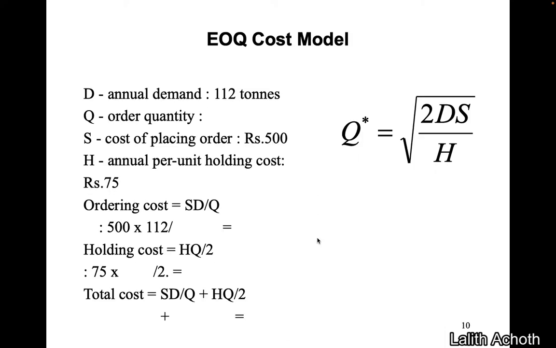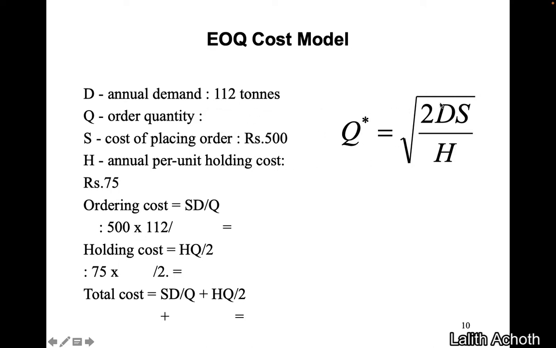Right? So here let us see. Now I'm going to put numbers. The annual demand is 112 tons. The ordering cost S is 500 rupees per order. And the holding cost is 75 rupees per ton. And the Q has to be calculated.